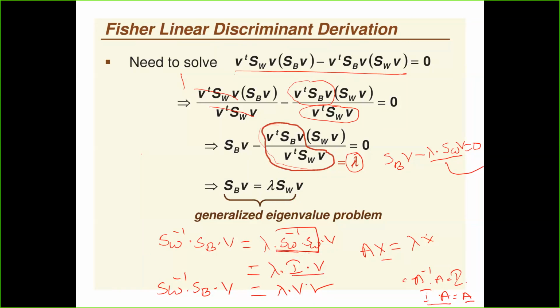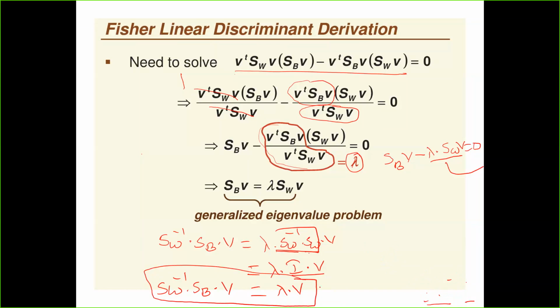So I times V is equivalent to V. Am I right, madam? Yes, sir. So this is what I get: SW inverse SB V is equivalent to lambda times V. This is the eigenvalue problem. It means here when you are saying this, you are saying V is the eigenvector of what?